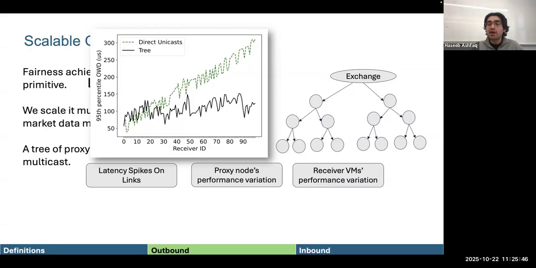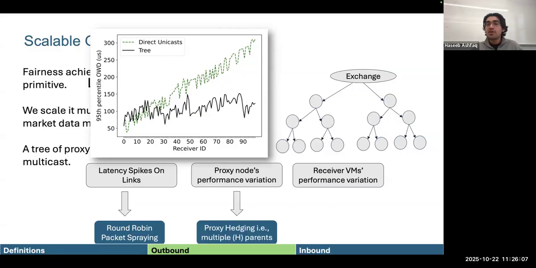For latency spikes on the links, we have a mechanism called round robin packet spraying, where the parent-child relationships in the tree continuously keep on changing, so no link is used for consecutive messages. For handling proxy node performance variation, each node has multiple parents so that at least one of the parents is not going through the performance variation and the message may arrive on time.